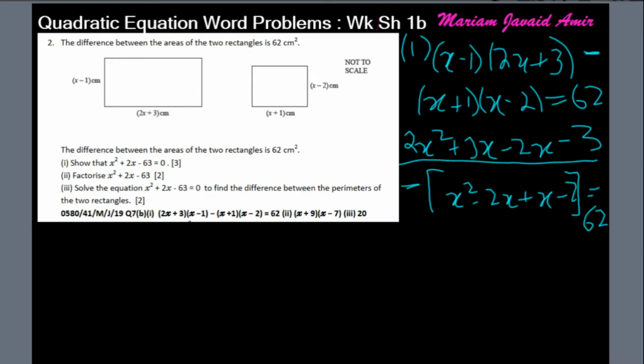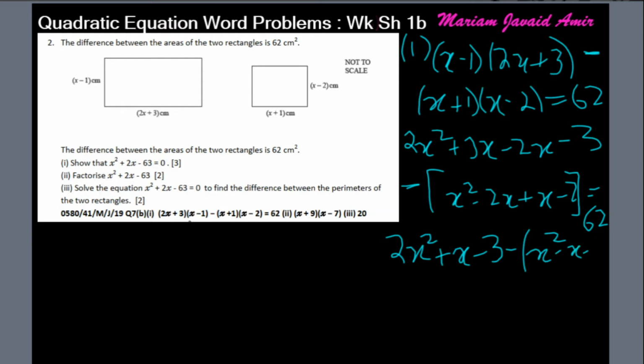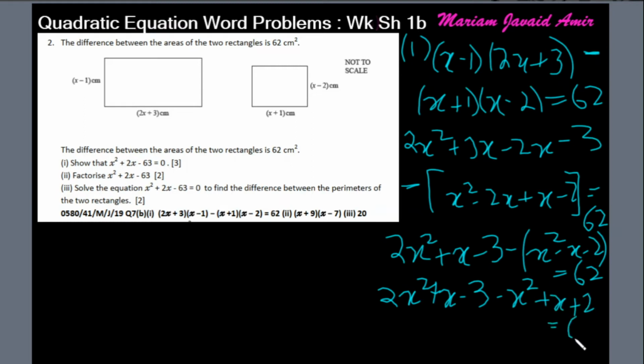Simplifying this part, we get 2x square plus x minus 3, still keeping the subtraction sign outside of the bracket, x square minus x minus 2 is equal to 62. Now we'll open the brackets, 2x square plus x minus 3 minus x square plus x plus 2 is equal to 62.